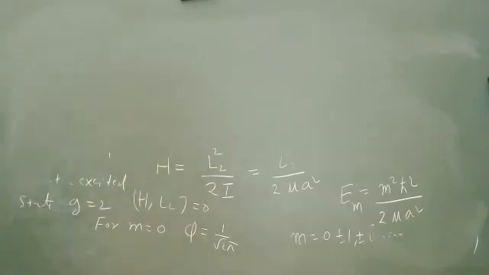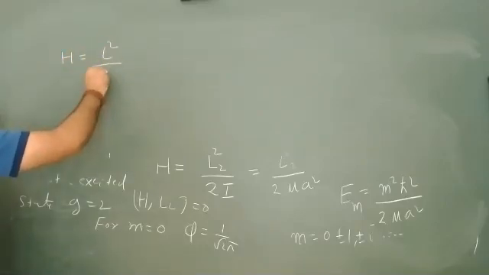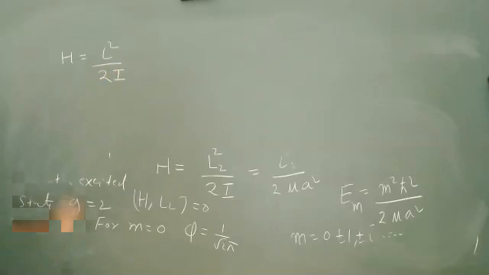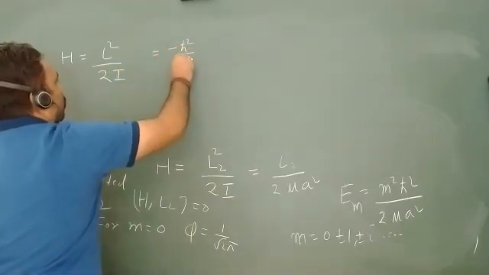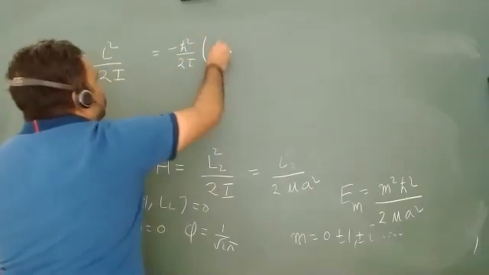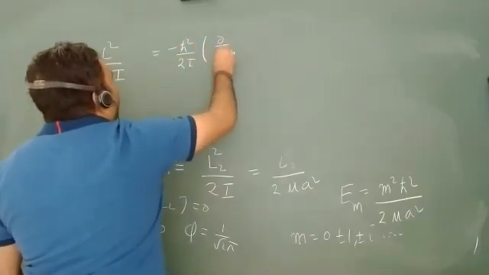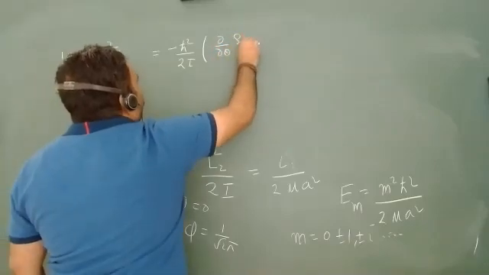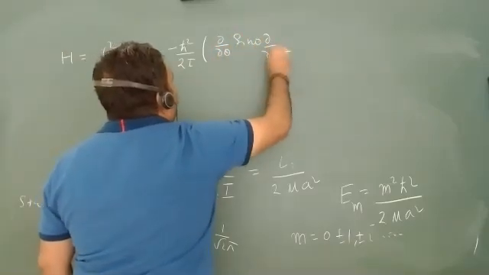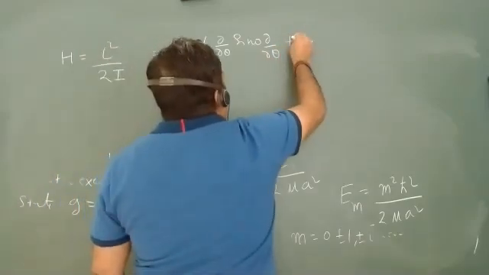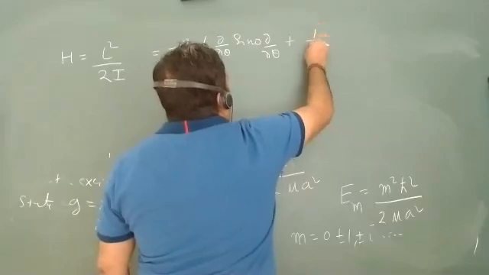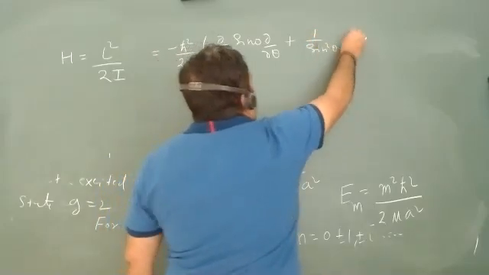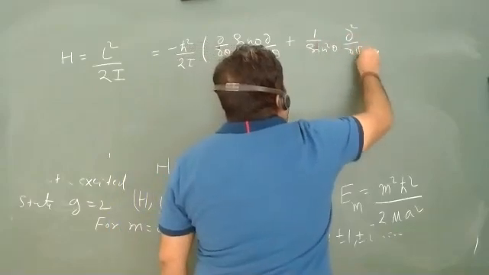So what you can do, you can write the Hamiltonian as nothing but L square upon 2I. And what is your L square? Your L square is minus h cut square, and this will be del upon del theta, sin theta del upon del theta, plus 1 upon sin square theta del square del phi square.